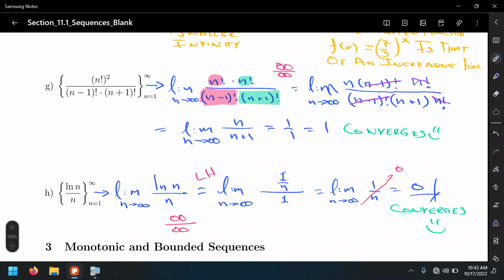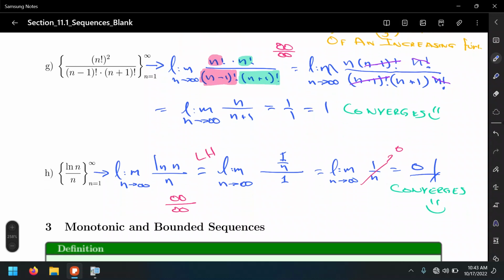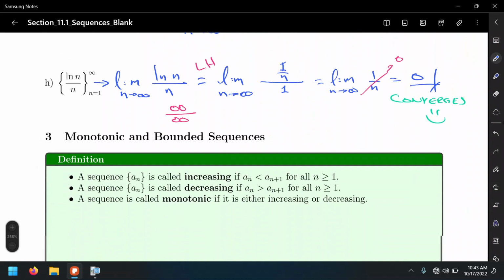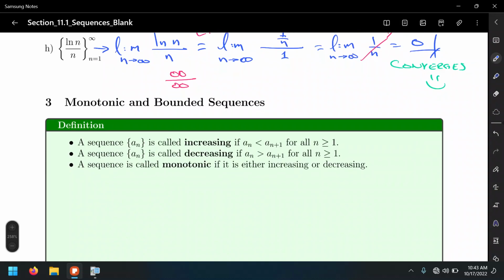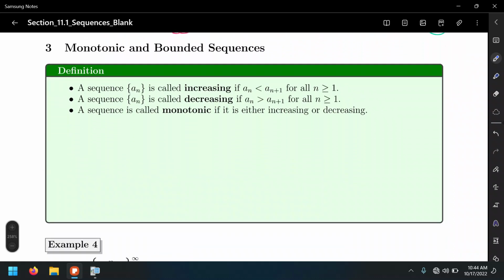All right, let's see what we have next. So sequences have a few more properties, so we can expand some of these terms. We can determine whether they converge or whether they diverge.